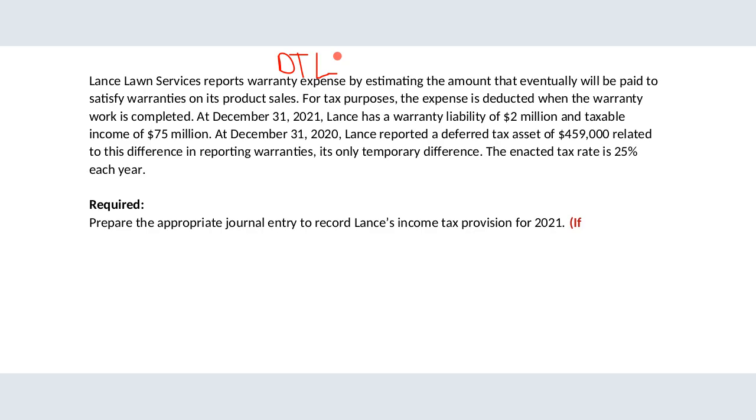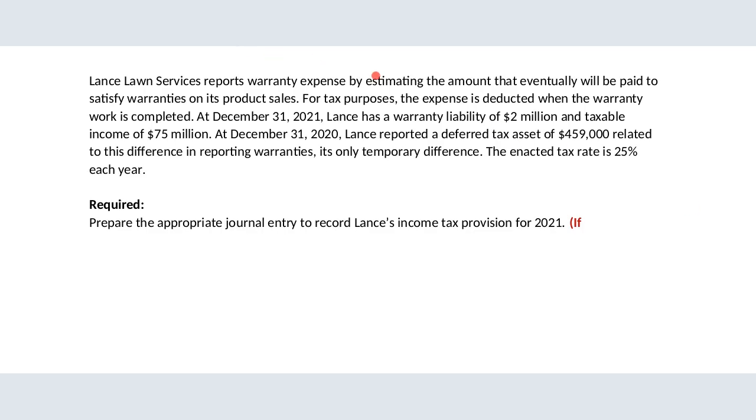So that means that this is going to be an add back to our pre-tax accounting income in calculating taxable income. It's going to make our taxable income higher. What am I saying? This is not DTL, this is DTA. I just answered my own question because I just said that you're going to have to pay taxes.